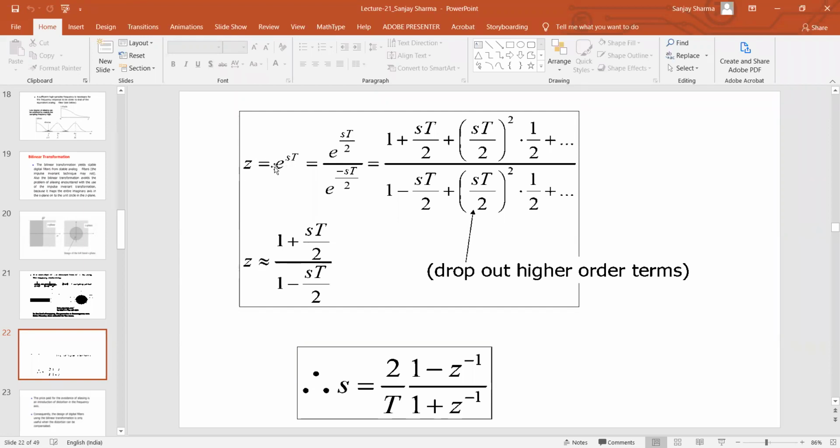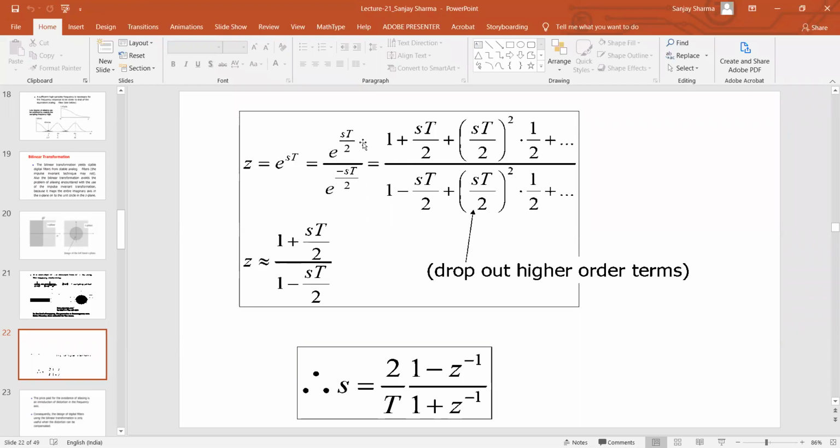So Z is given by e to the power S capital T. I can write this as e to the power S capital T by 2 divided by e to the power minus S capital T by 2. So ultimately it will give me the same thing.